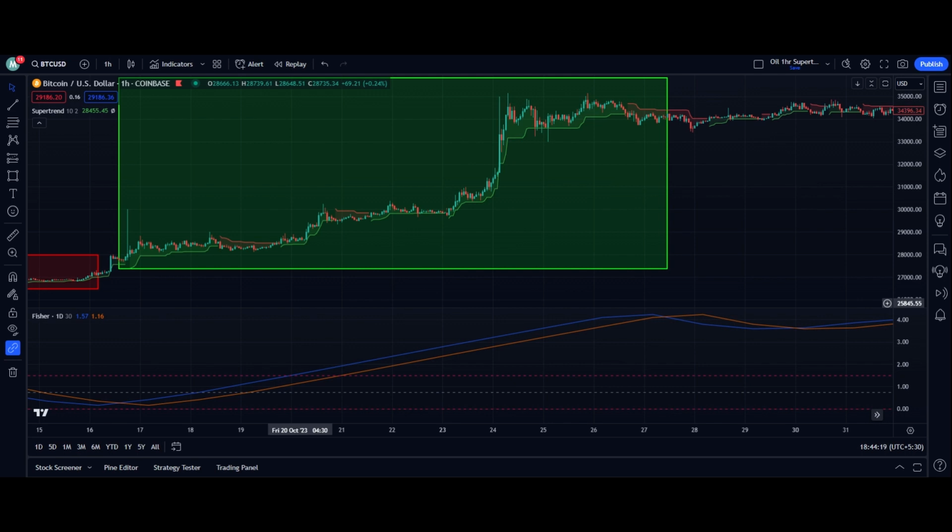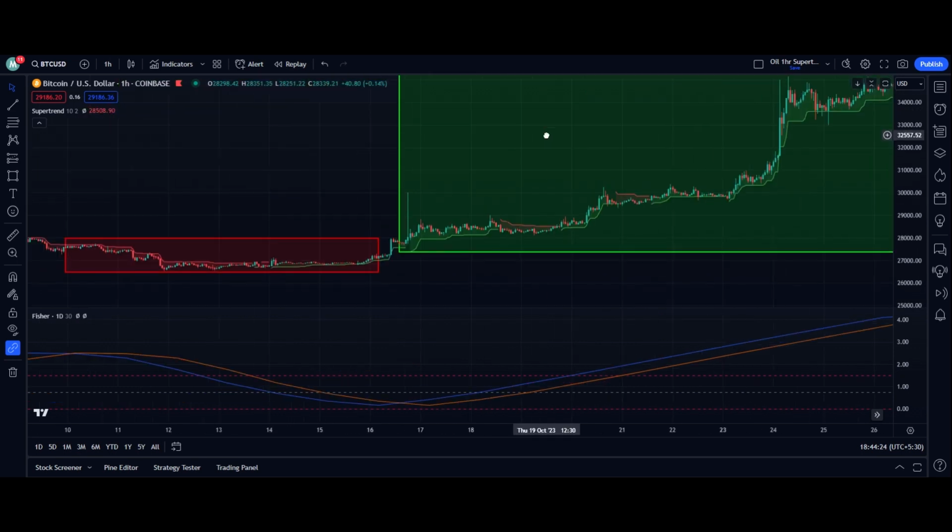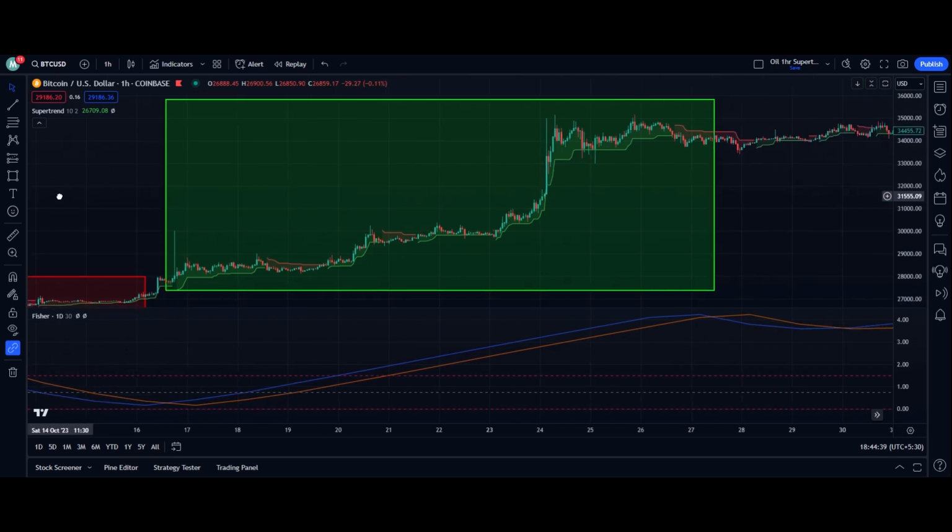The same is true on the opposite side of the market. When it's bearish, there are two things we are looking for: either a breakdown like this, or a resistance confirmation like this. It's a pretty simple strategy as well.